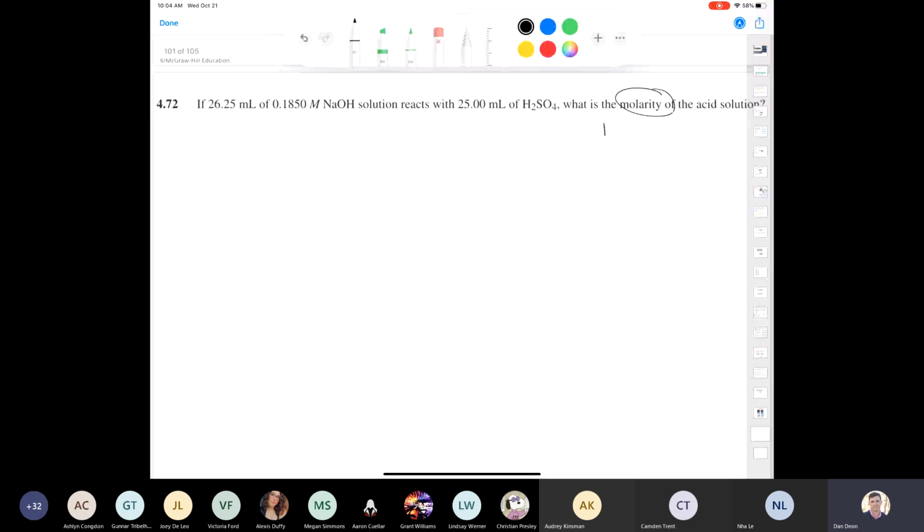Molarity, big M, is the number of moles per liter, n over V. If we want to figure out the molarity of the sulfuric acid, what we need to know is the number of moles of sulfuric acid, and then we're going to divide that by the volume of the sulfuric acid. We've been given the volume of the sulfuric acid.